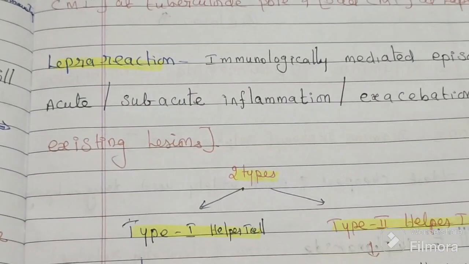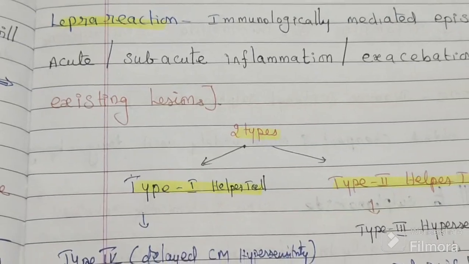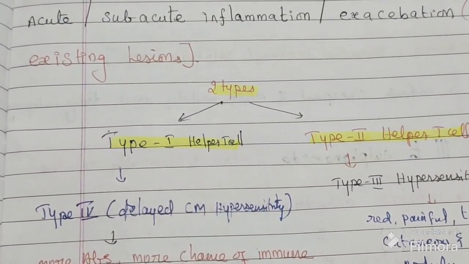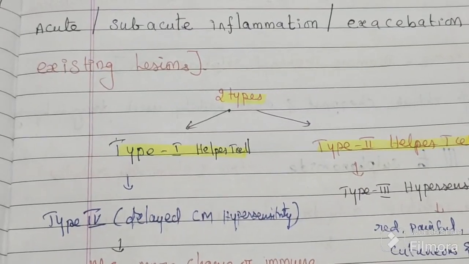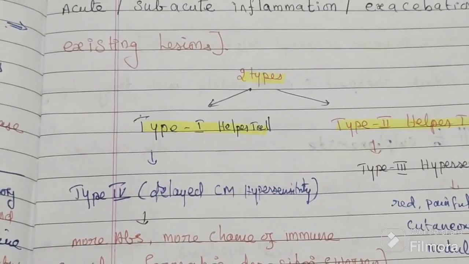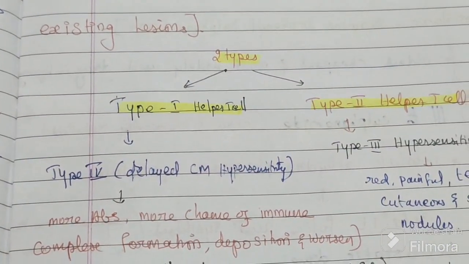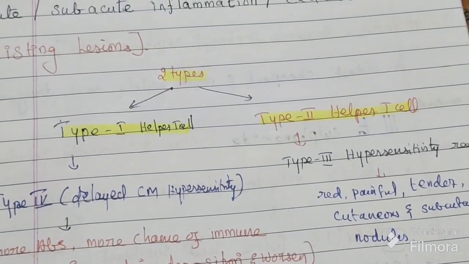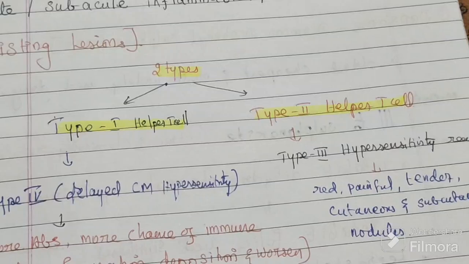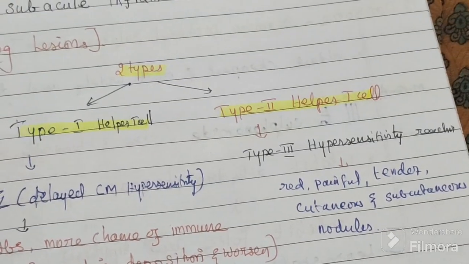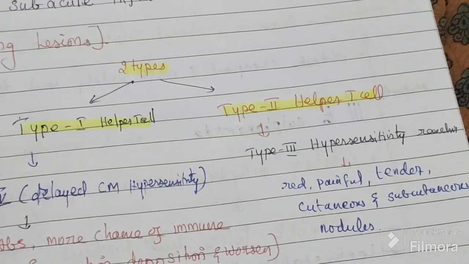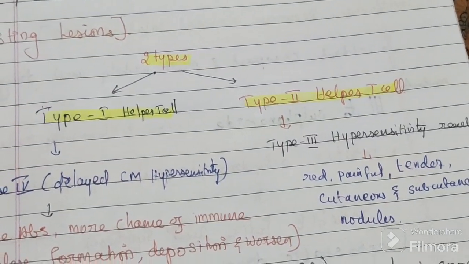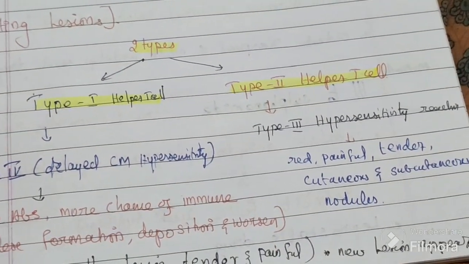Type 1 is mediated by type 1 helper T cells, and it is basically a type 4 delayed cell mediated hypersensitivity reaction, while type 2 lepra reaction is mediated by type 2 helper cells, and basically it is a type 3 hypersensitivity reaction that involves immune complex formation and deposition.